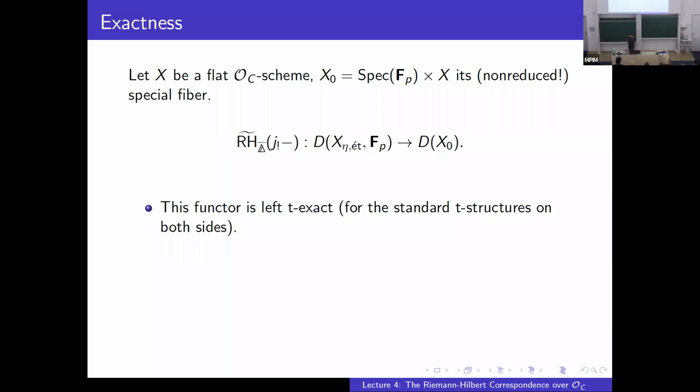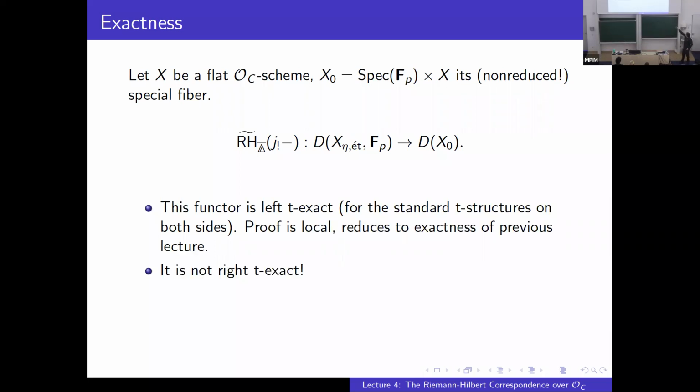But it's not an exact functor. It's very far from being right exact, because one of the properties that this has, well, I told you that if you took the constant abelian sheaf on X and applied this construction, you were supposed to get the perfectoidization of the structure sheaf of the formal scheme.